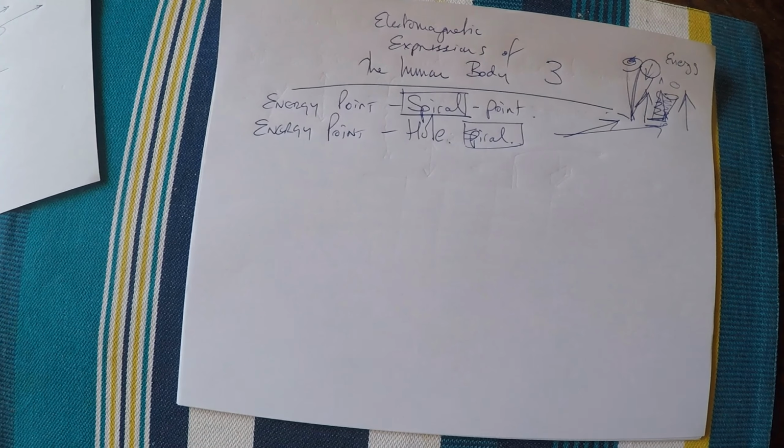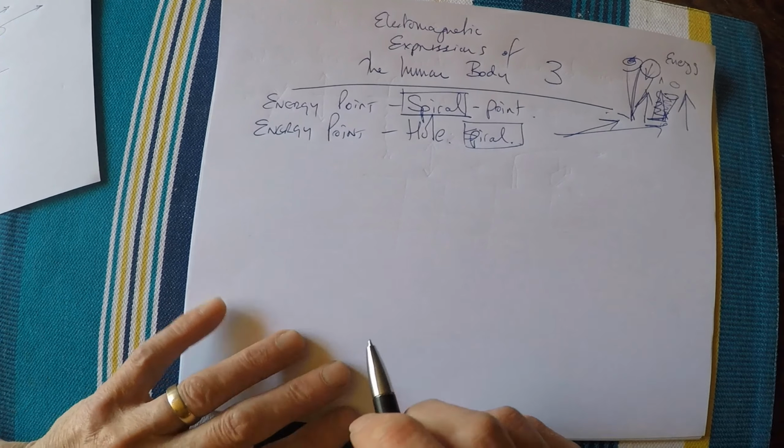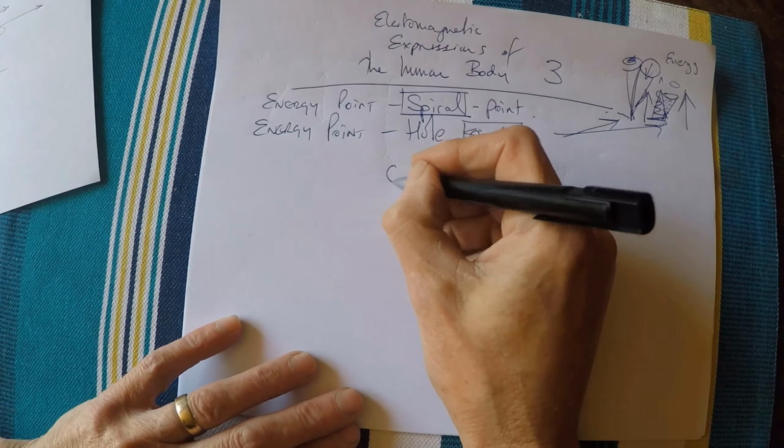Okay, so if we take the human body, we have a head. It has a hole. We have our body, we have our legs, okay, energy point, energy point, and a hole. Yeah, these are legs and hands.